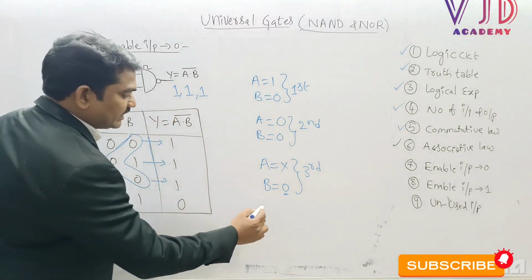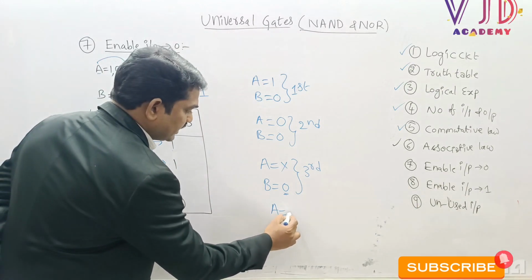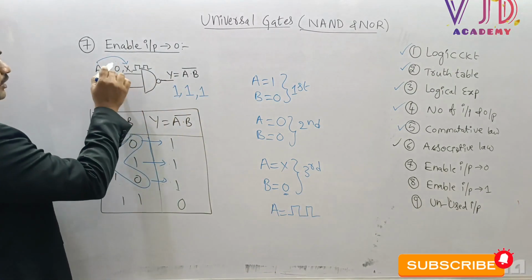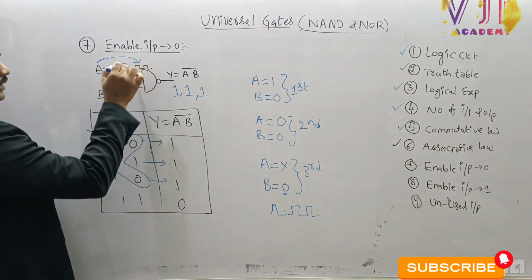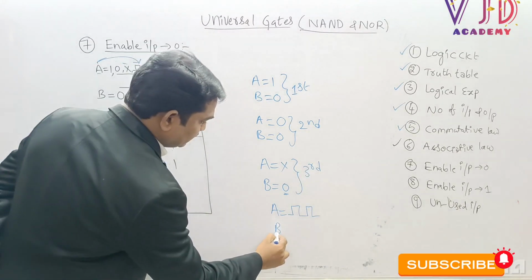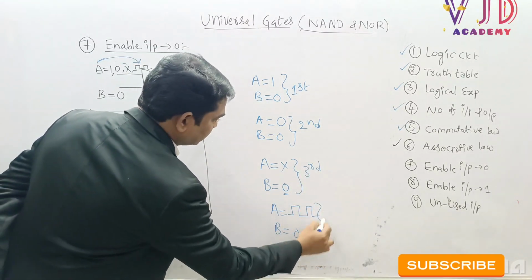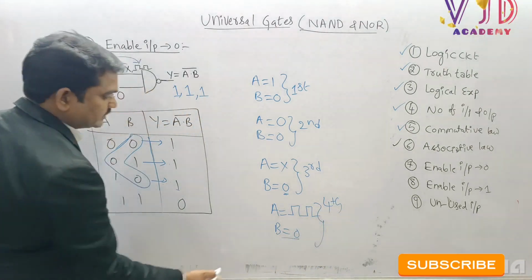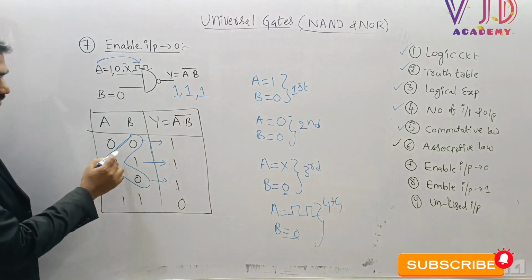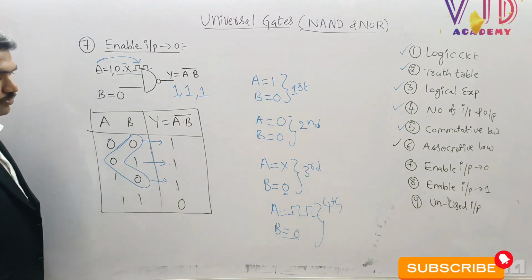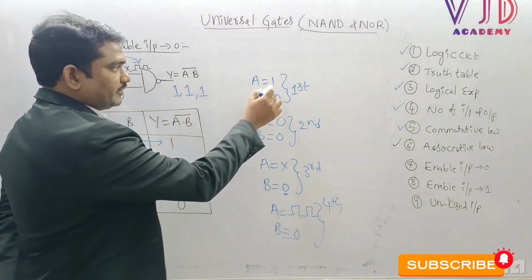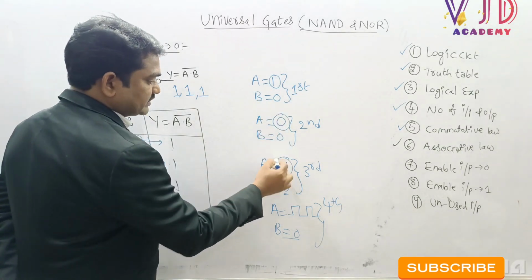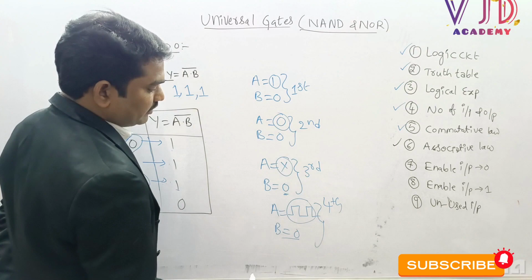And now let me take the fourth case also. Here A equal to a square wave we have given, and B equal to 0. For the fourth case, as I told you the logic, if one of the inputs is 0, the output is automatically 1, even if A equal to 1 or A equal to 0, A equal to X or A equal to square wave, whatever it is.